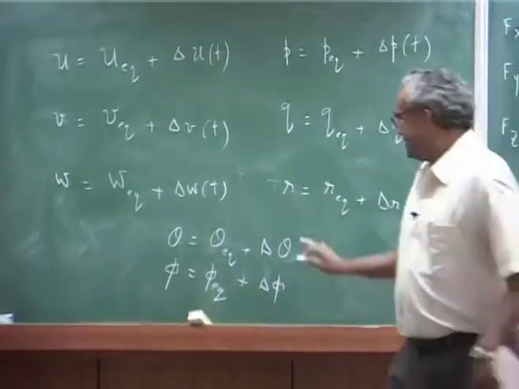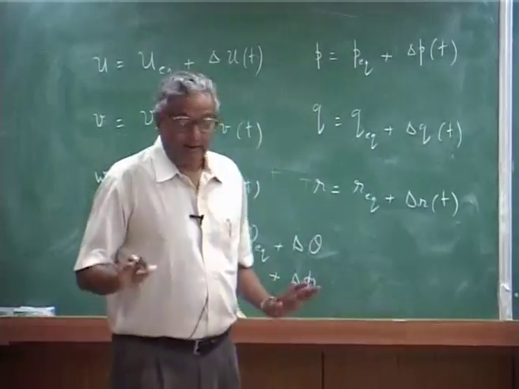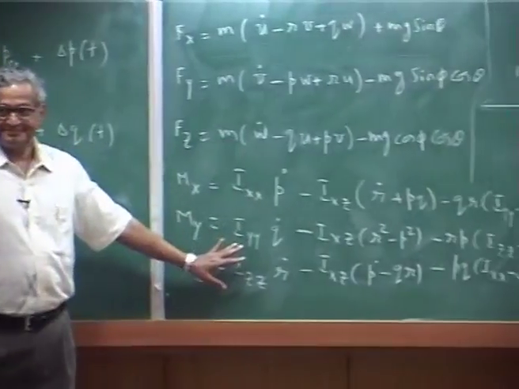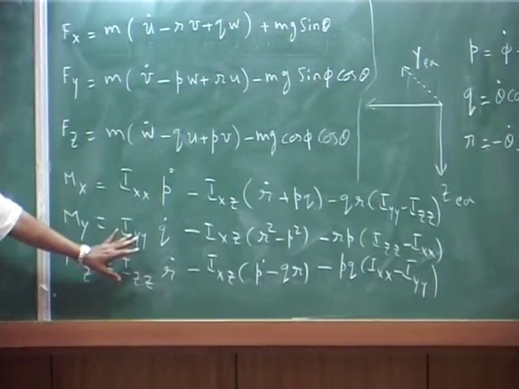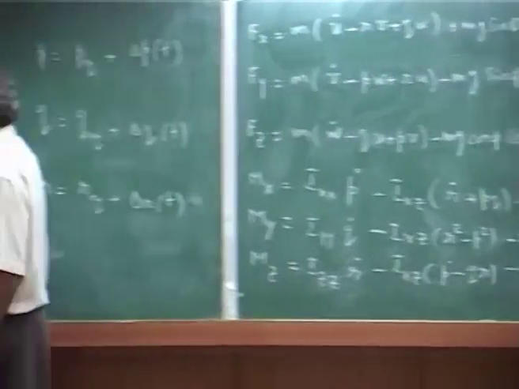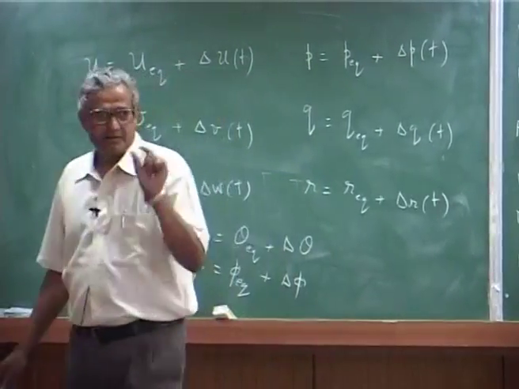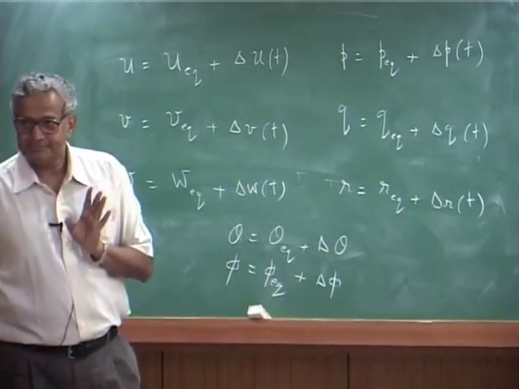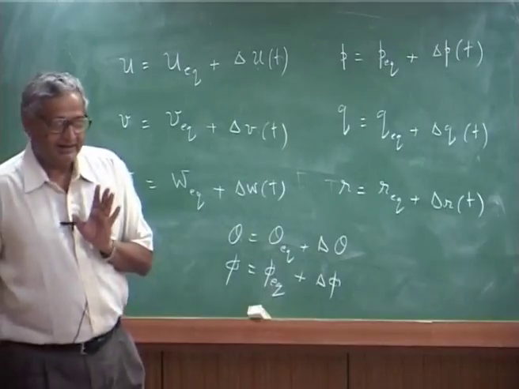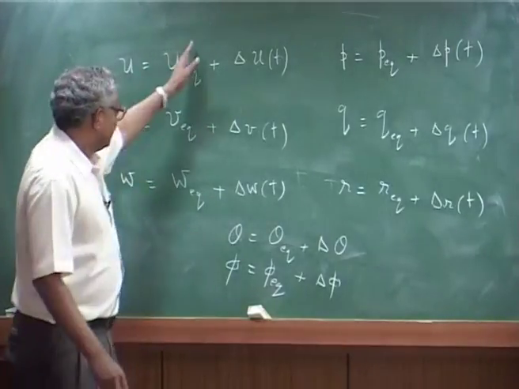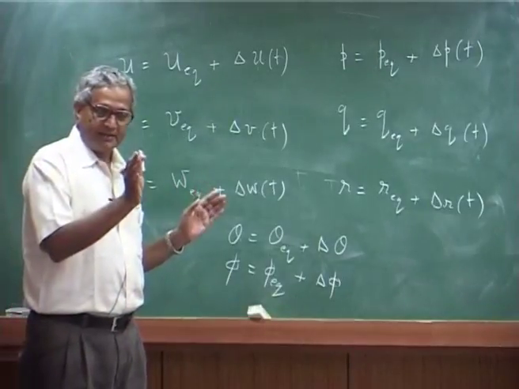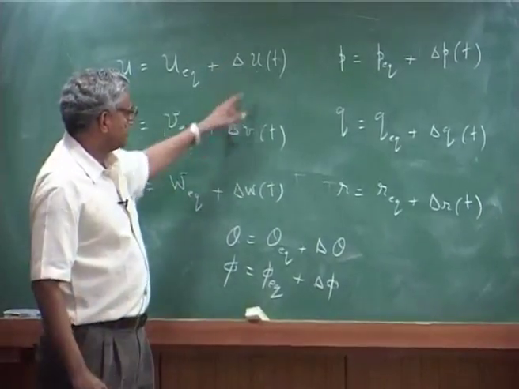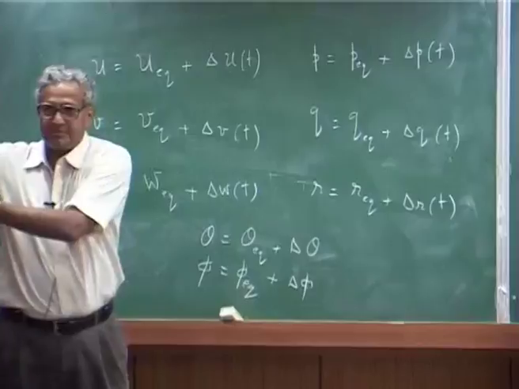So, what you do is you substitute these quantities now in this equation, and then you say my deltas are small, product of deltas I neglect, and I will collect all the terms with the equilibrium quantity separately and collect all the terms with the delta separately.